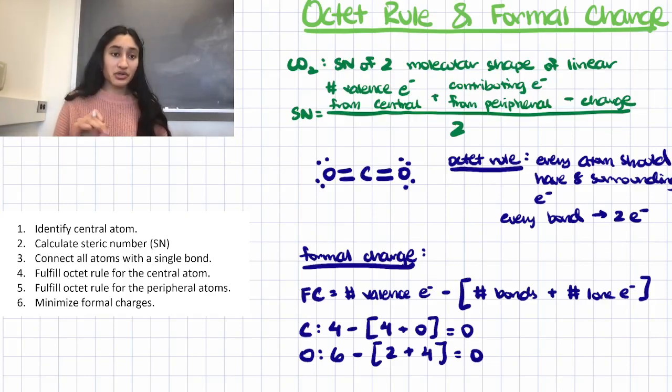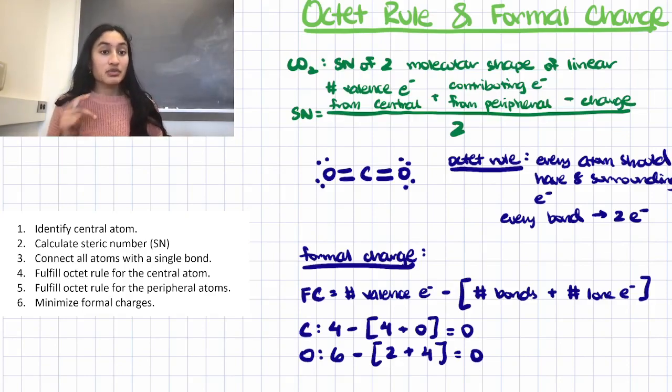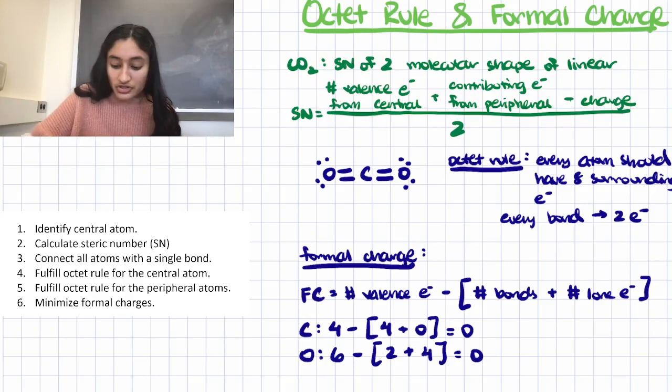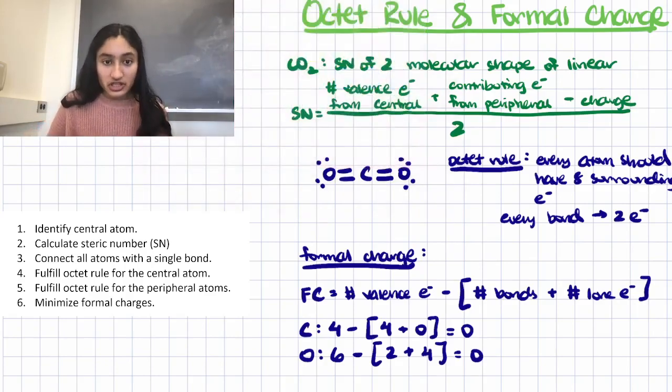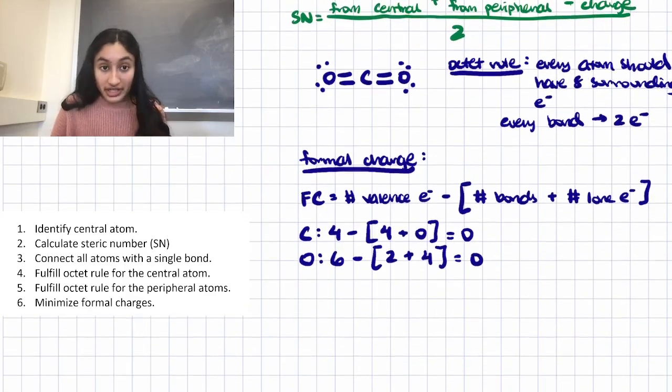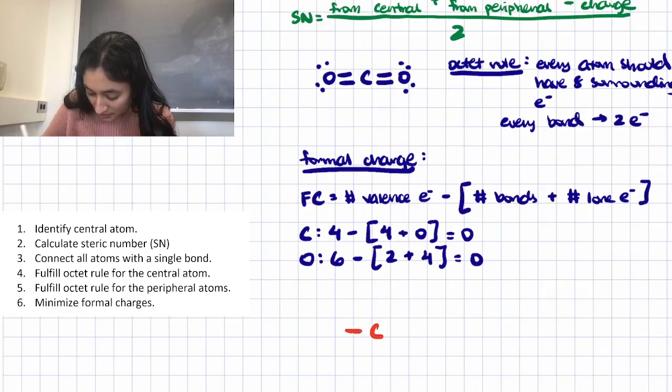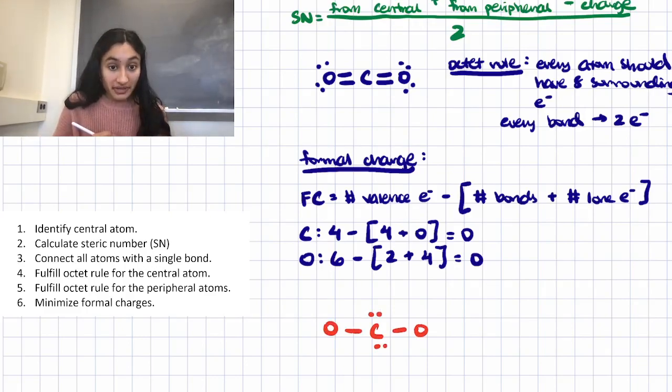Now let's talk about 2 of the common ways in which students can go wrong here. So first, there are multiple ways to fulfill the octet rule. So one way a student might try to fulfill the octet rule for the central atom is by simply adding lone electron pairs around the carbon.